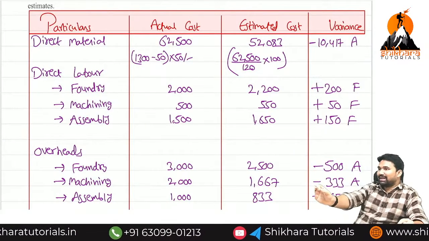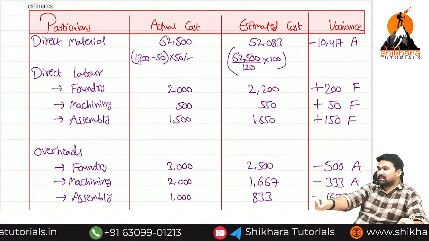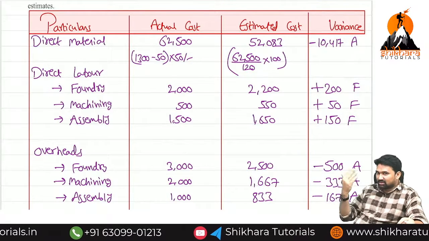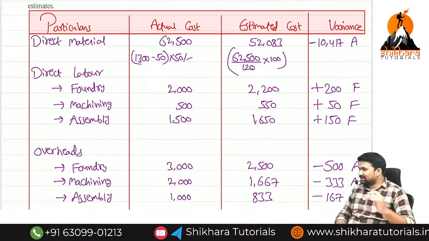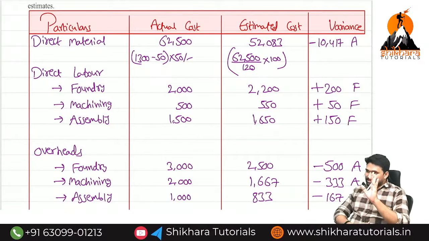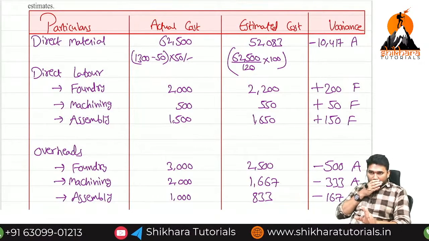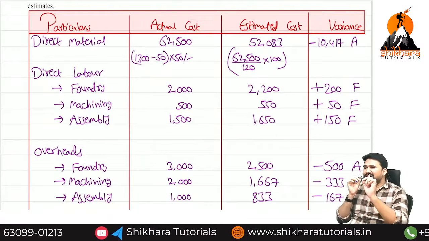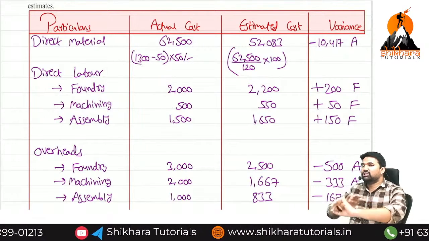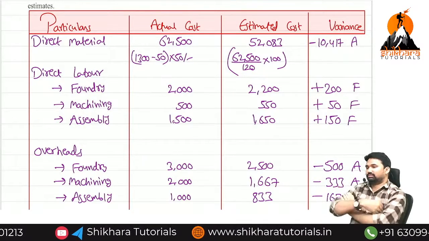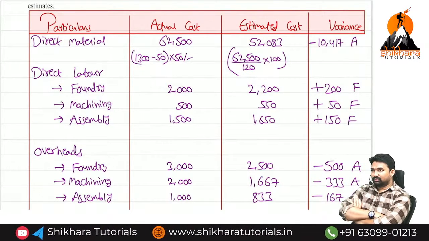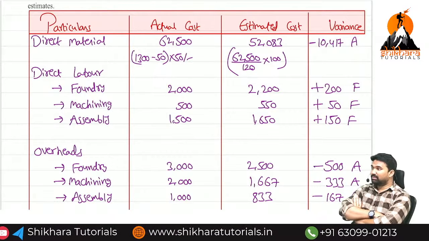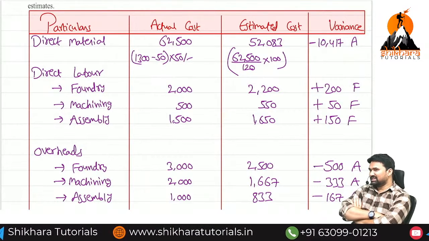If you are able to understand this problem, and mind you, standard costing is the most difficult chapter in your entire syllabus. Most difficult means tough or easy?